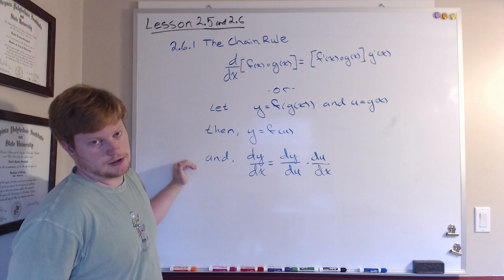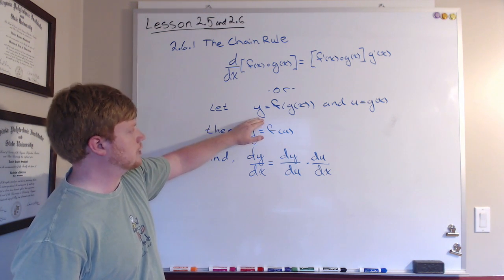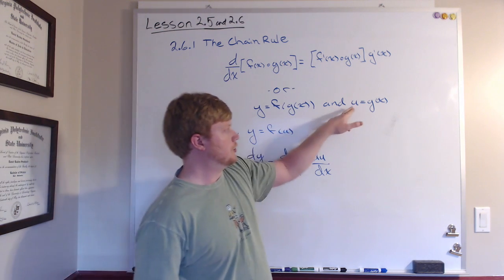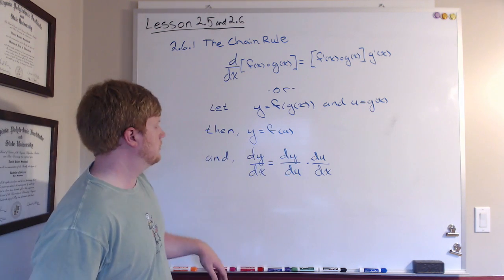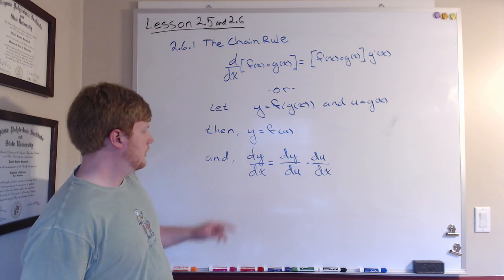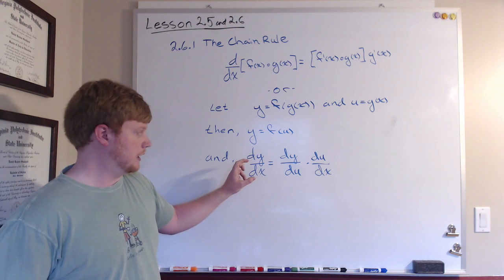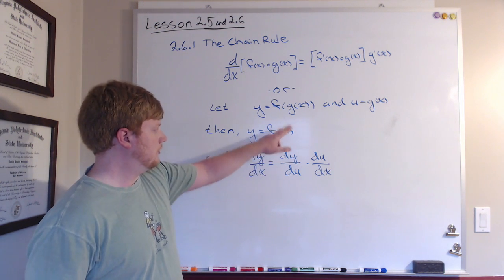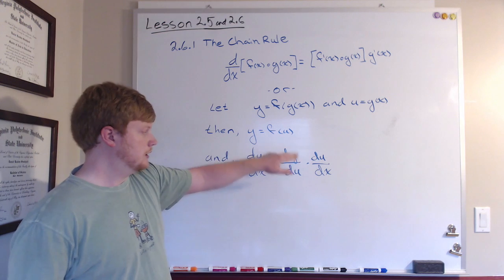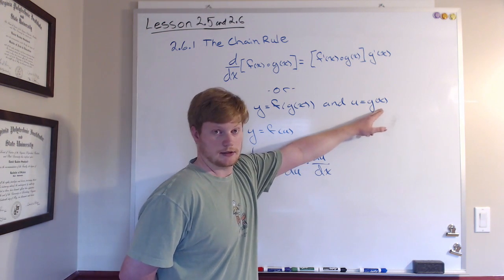The Leibniz notation would look like this. We let some function y equal f of g of x, okay? And we'll let u equal g of x. So then y is equal to f of u. Then the derivative of y with respect to x, okay, is the derivative of y, or f, with respect to u, times the derivative of u with respect to x.